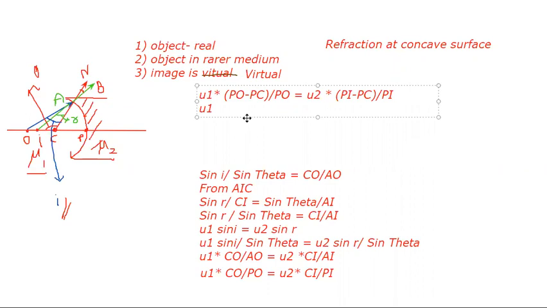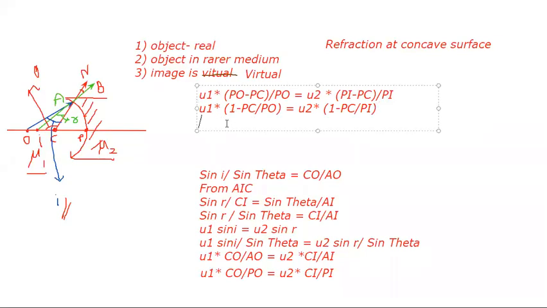Mu1 into 1 minus PC by PO is equal to mu2 into 1 minus PC by PI.